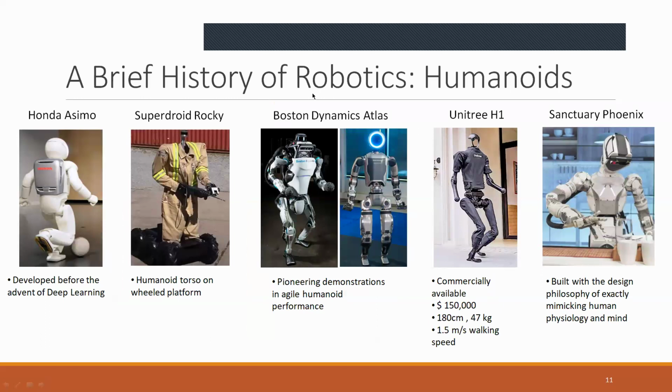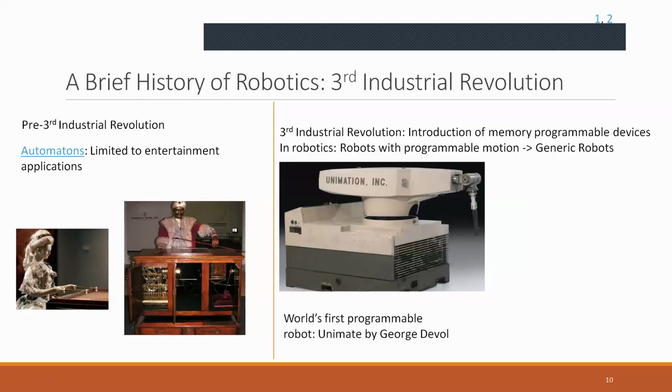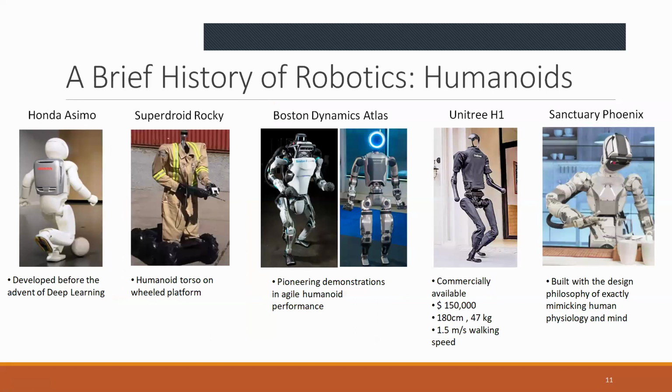The Unimate gave way to a class of robots called industrial manipulators. But today we have more classes of robots. We have self-driving vehicles, but they don't really resemble human appearance, even though they resemble human behavior. So I'm not going to touch them in my lecture. If you're interested, you can check them out yourself.